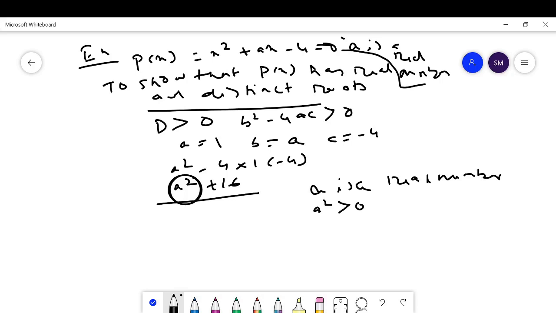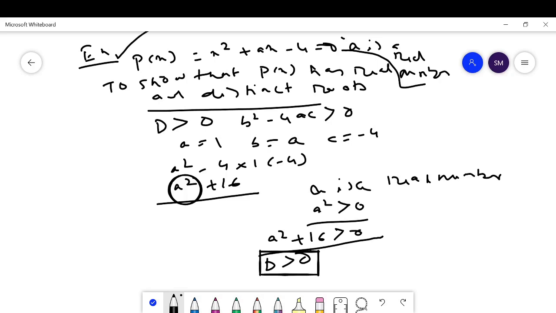Then if a square is greater than or equal to 0, a square plus 16 must be greater than 0. Here a square plus 16 greater than 0 means D is greater than 0, which shows that the equation has real and distinct roots.